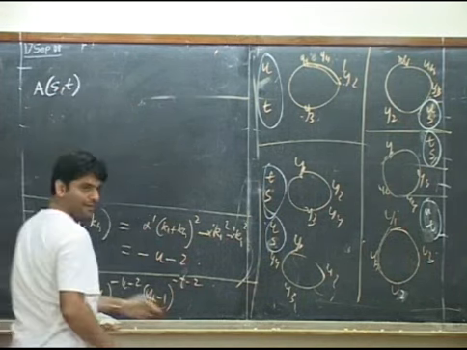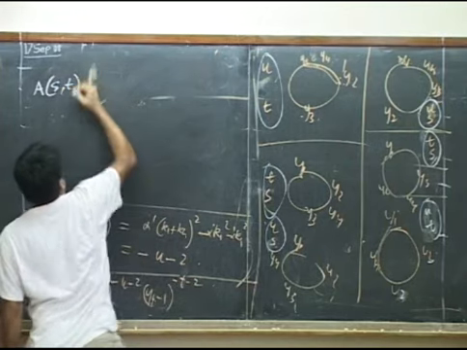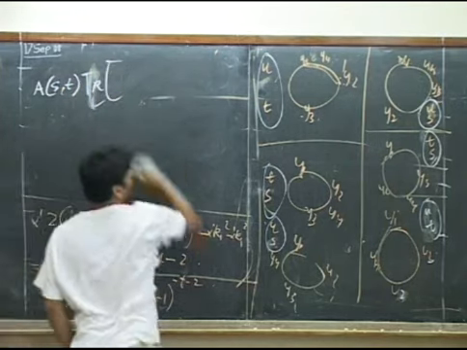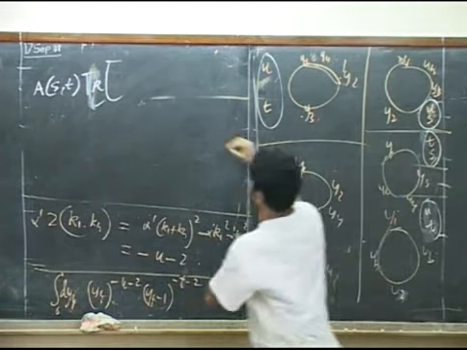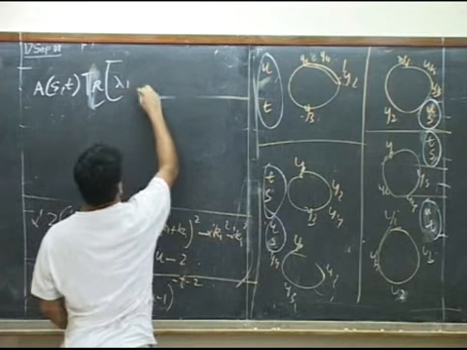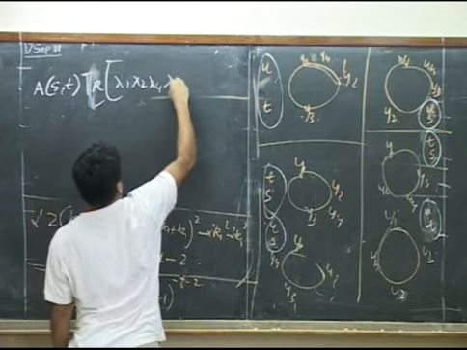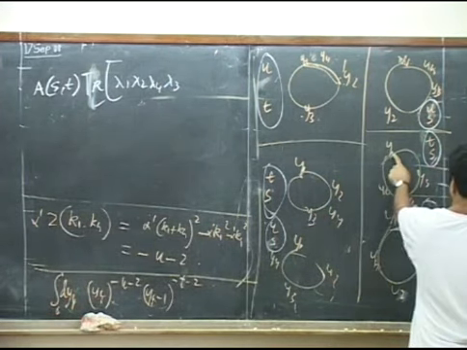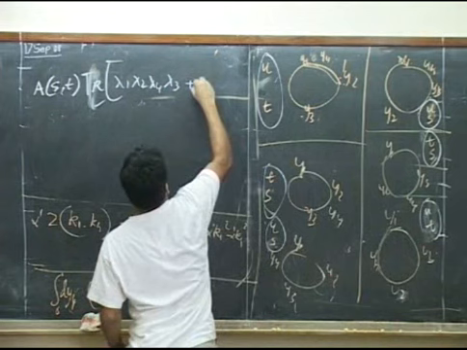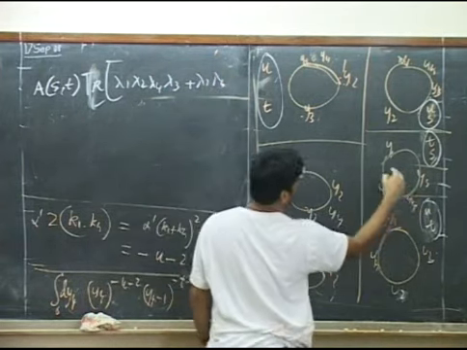Okay, so now suppose we write down this answer, whatever this is, as A of ST. We'll figure out what A of ST is. So this thing is multiplied by what? Trace of, now we look at those that give us ST. So lambda 1, lambda 2, lambda 4, lambda 3, plus lambda 1, lambda 4, no, what is it?